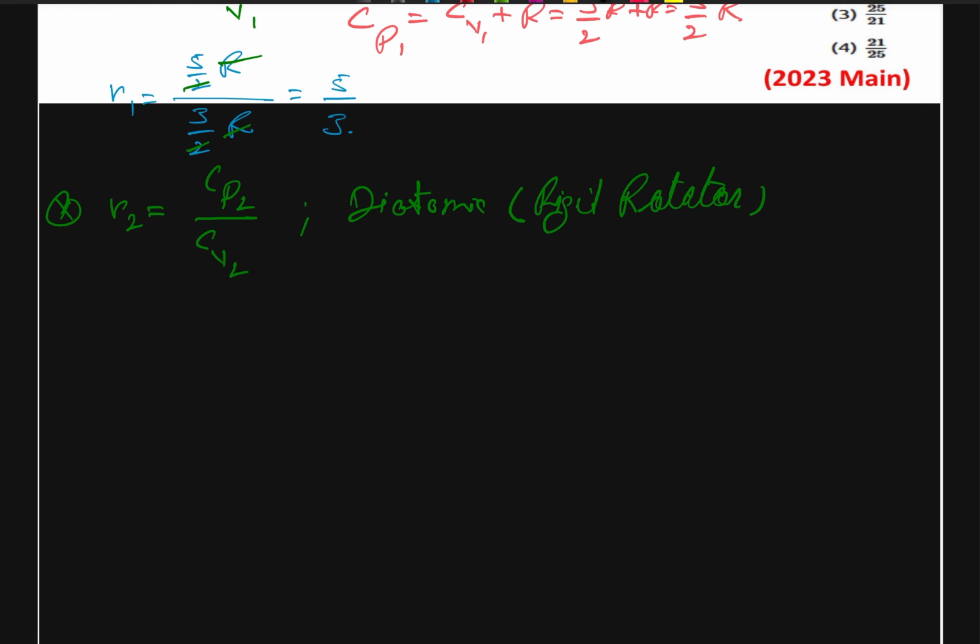So basically 3 translational and 2 rotational, so the total degrees of freedom will be 5. Based on this we can say that Cv of 2 will be equal to 5/2 times R, and Cp of 2, which is Cv of 2 plus R, gives us 5/2 R plus R, which will be equal to 7/2 times R.